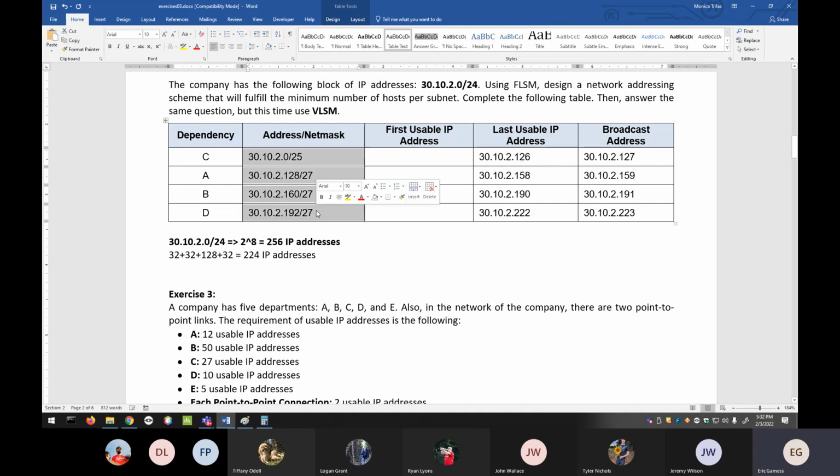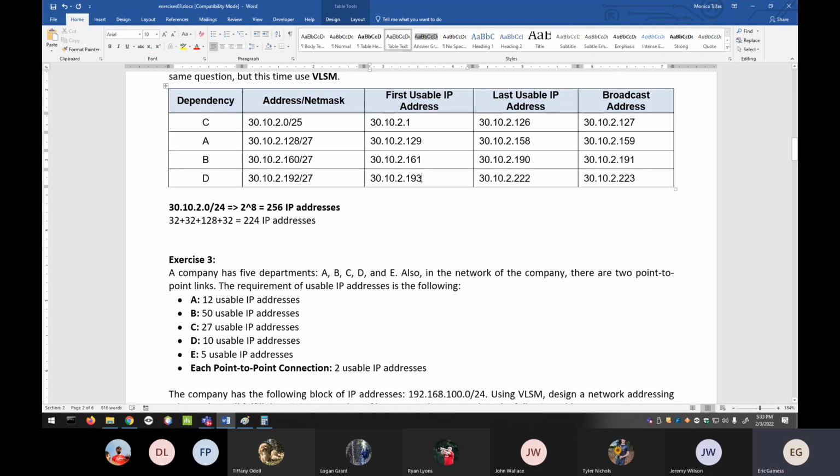Now, I want to do the first valid. One IP address after 0 is 1. One IP address after 128 is 129. One IP address after 160, 161. And one IP address after 192, 193.